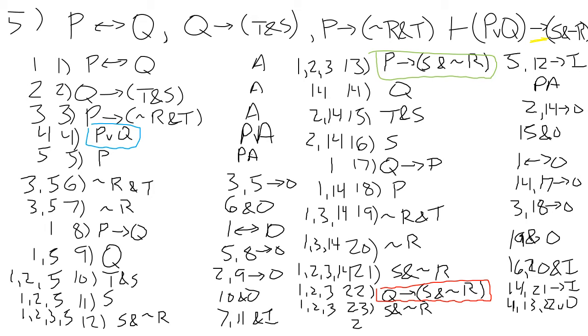And then, finally, we can arrow in, doing our P or Q, arrow S and not R. And that's going to come from our PA in 4 and our consequent in 23. 3 will drop out. So that's a super long one, but remember it's just doing this in steps, in stages.